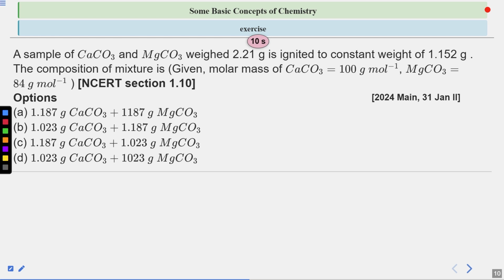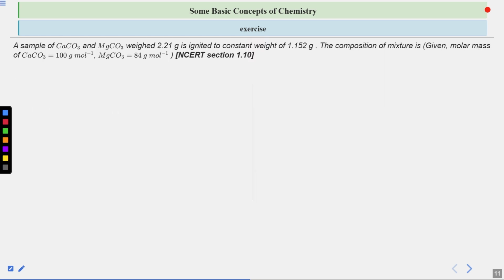Your time to solve this question starts now. Yes, you can take the direct mole formula. Again, this is from 31st Jan 2024. Let's see how we'll solve it. The correct answer will be option C.